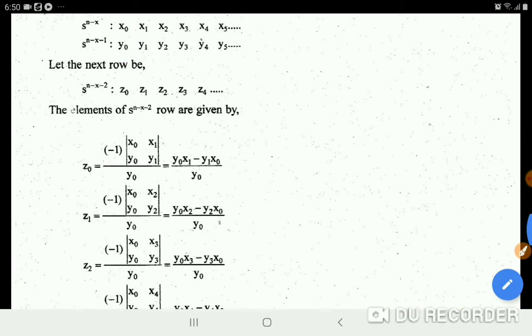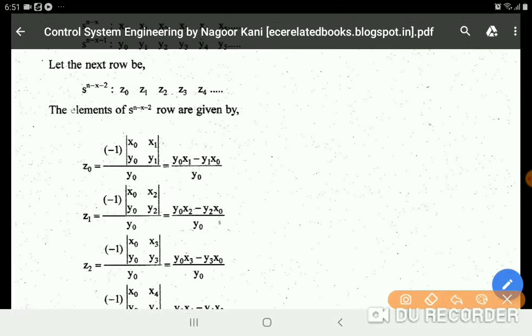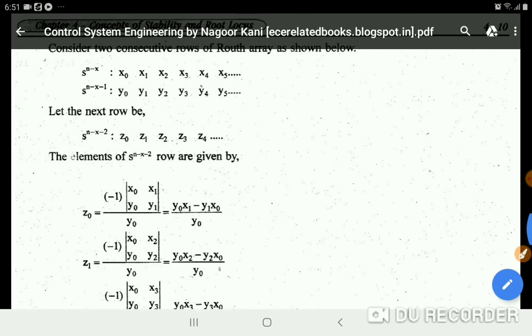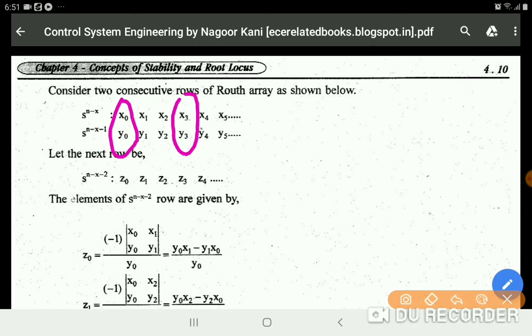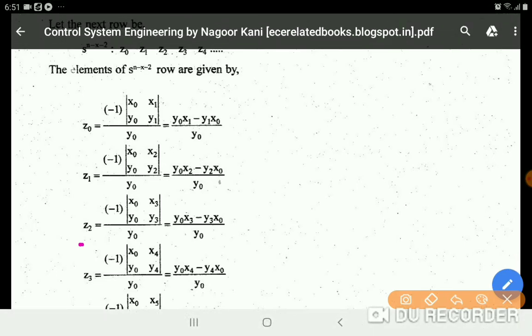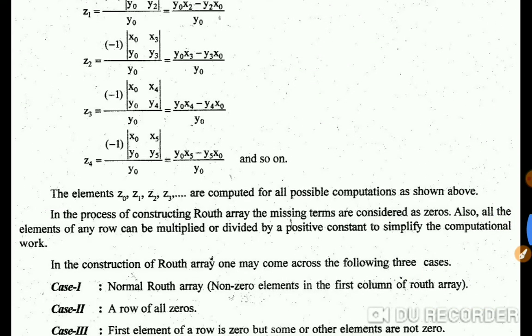Similarly, how to find Z2? Minus 1 times the determinant of x0, y0 and x3, y3, divided by y0. Similarly Z3 and so on goes on. So the elements are calculated like this.